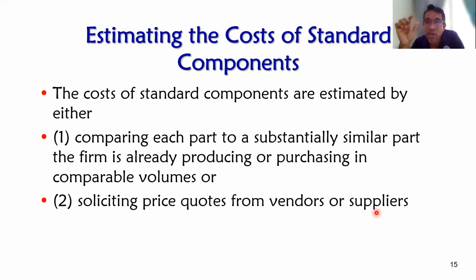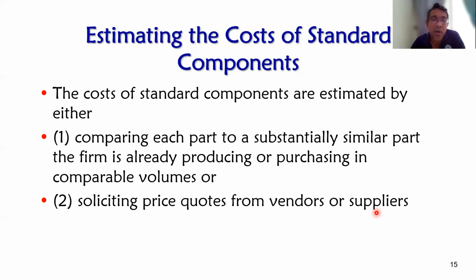If you buy a dozen screws, that is 10 times higher than if you buy 100,000 or 1 million screws, for example, per month or per year. So anticipating the production volume is very important.